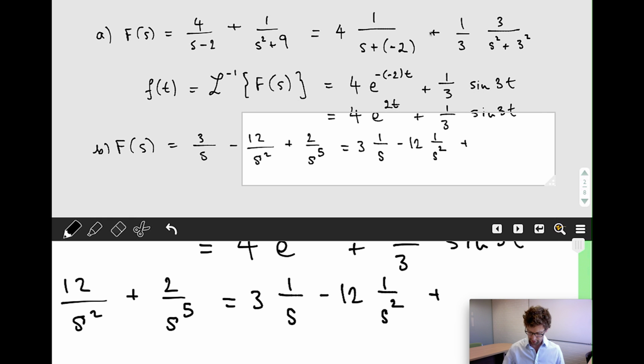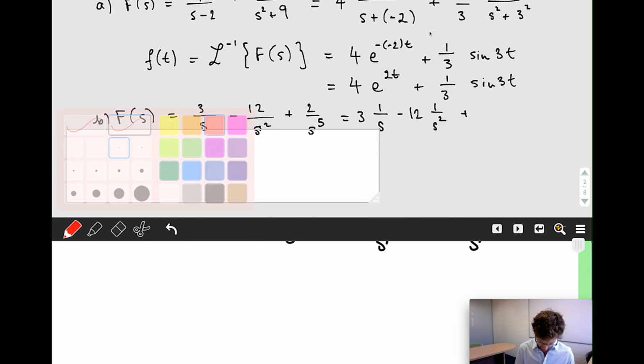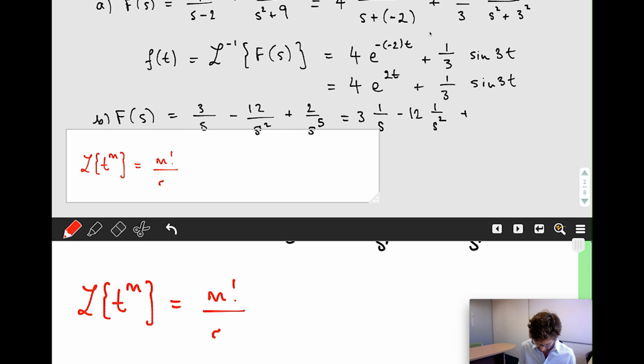Might as well write that down so I remember it. So we have the Laplace transform of t to the power of m is equal to m factorial over s^(m+1). So what we've got to do now is compare this expression with the expression that we have.